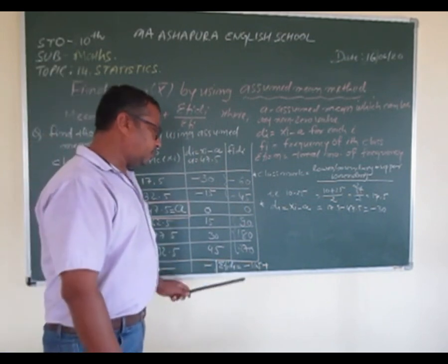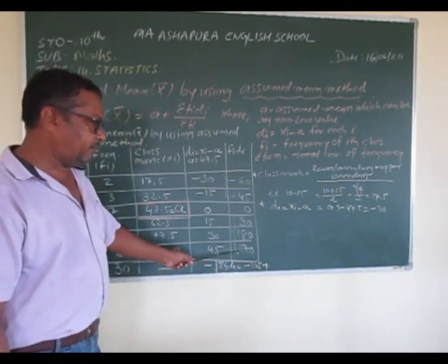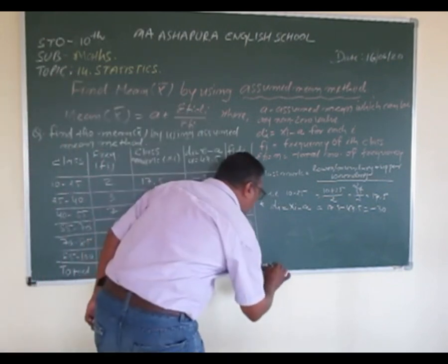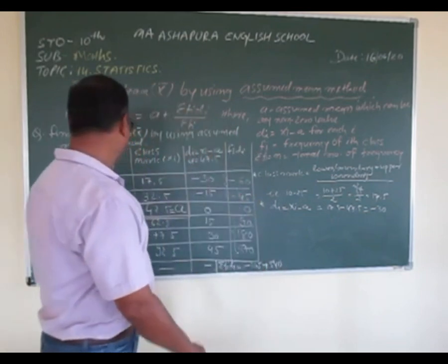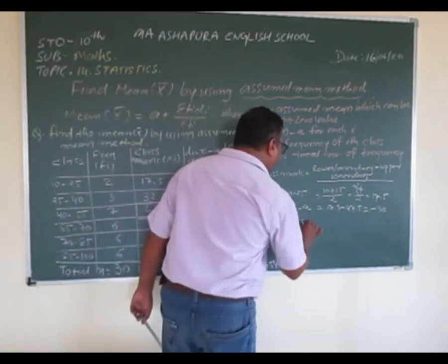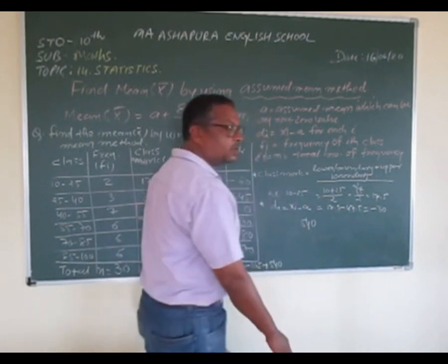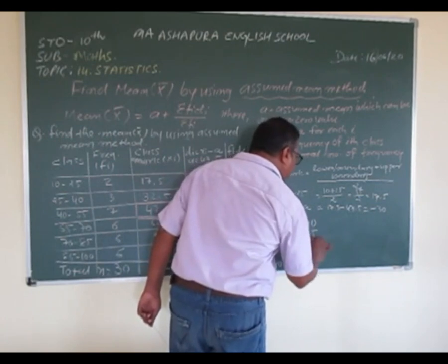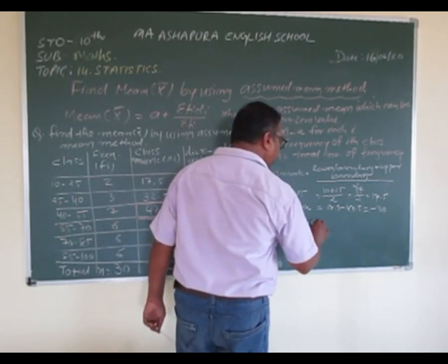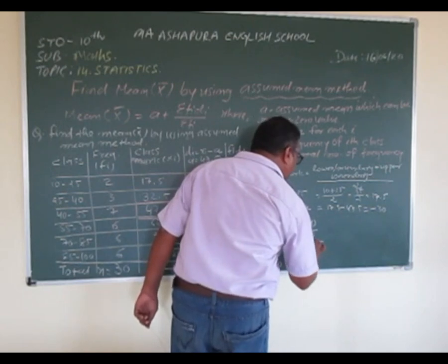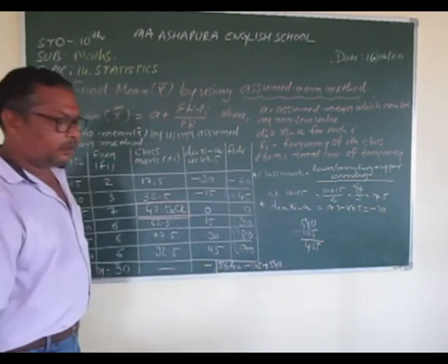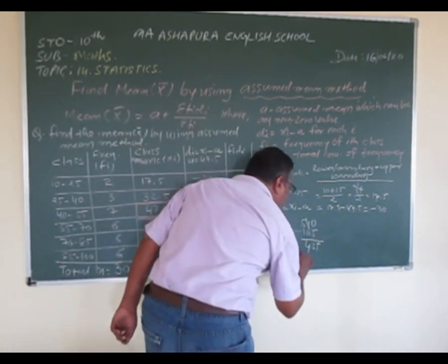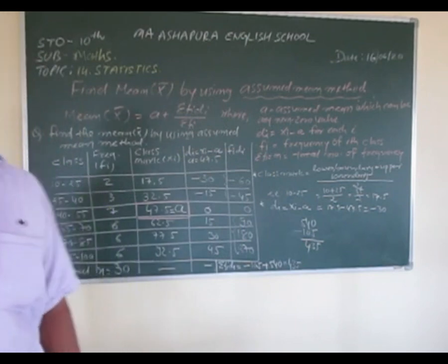Now the sum of the positive integers, 270 plus 180 plus 90, and we get 540. 540 is the sum of the positive integers, minus 105 the sum of the negative integers. Difference between them, we get 435. That means our sigma fi di is 435.